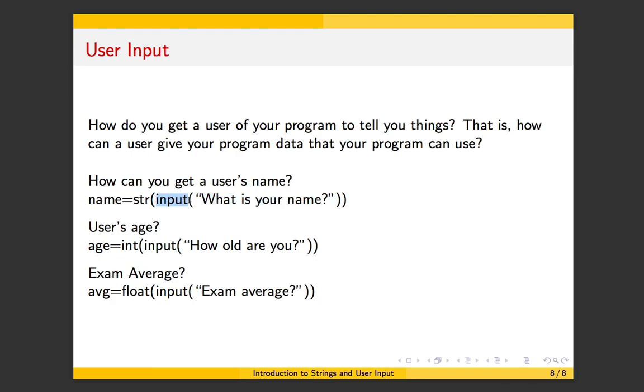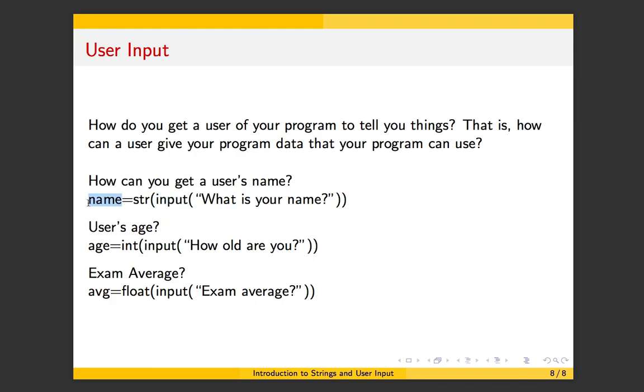They're going to input something to you. They will type something, then they will hit enter. Once they've hit enter, you should grab whatever they told you and put it inside this variable name. You can call this whatever you want, but if you're asking for a person's name, name seems like a reasonable moniker for this variable. Anyway, input just means ask them this question and then grab what they tell you and put it in that variable.